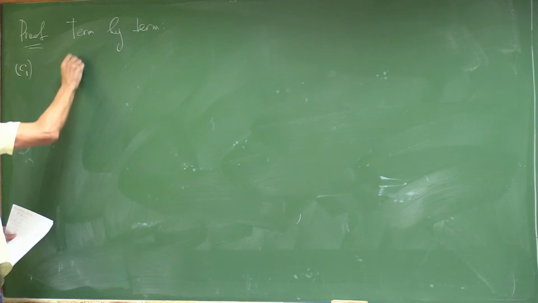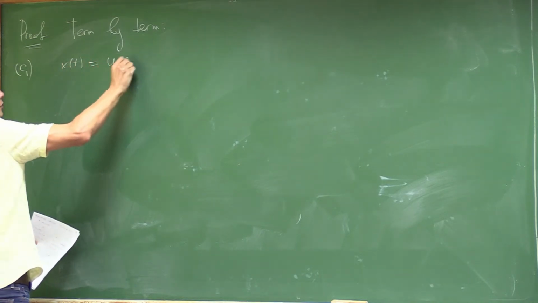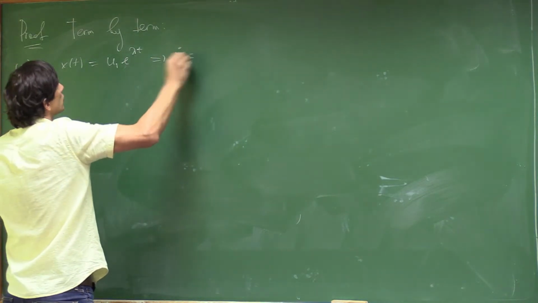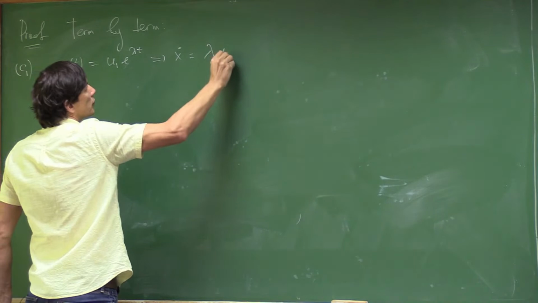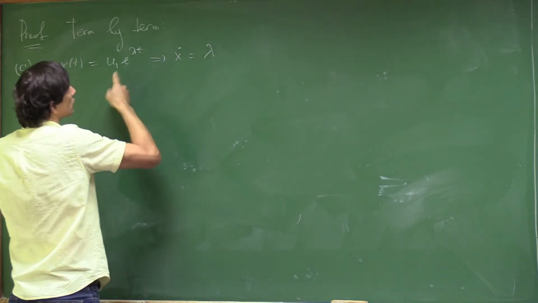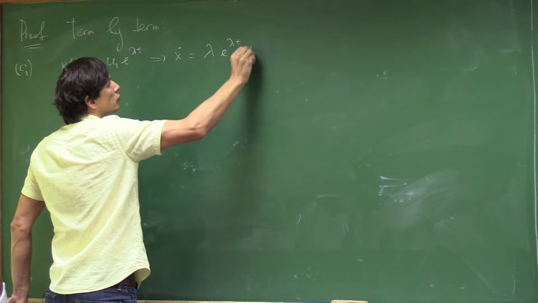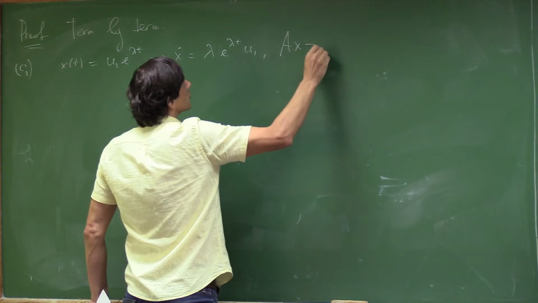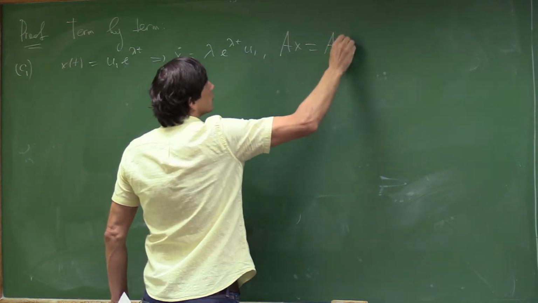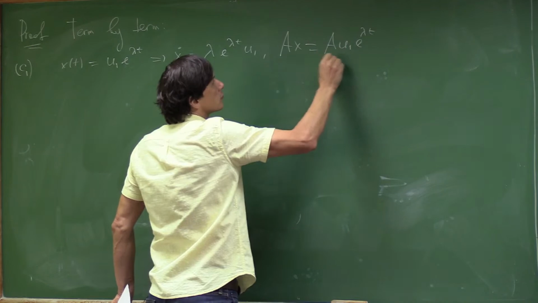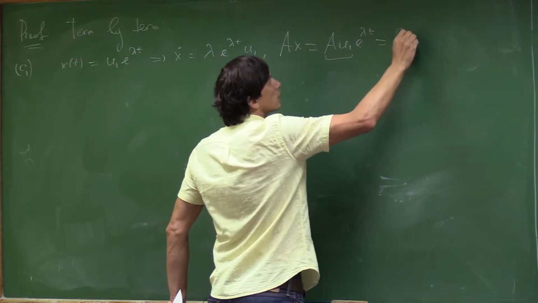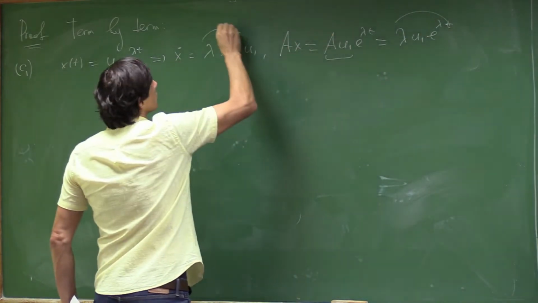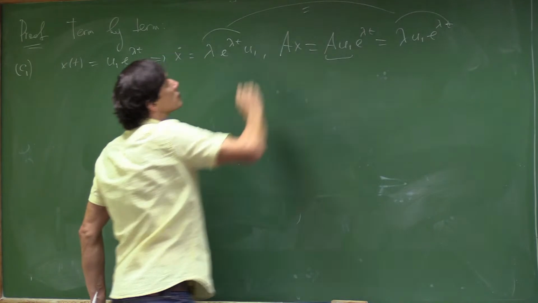So x of t equals u1 e to the lambda t. Then x dot is lambda e to the lambda t u1, and A x is A u1 e to the lambda t. We know this is lambda u1, so this and this are the same.